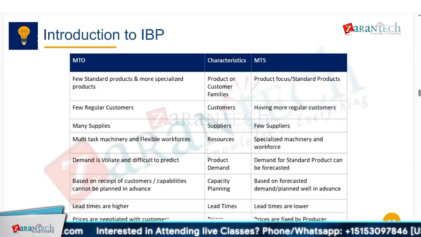If you receive the customer order and you do not have adequate supply of raw material in place, and you are dependent only on a single sole supplier, then you will end up in trouble. So because MTO is highly priced, highly profitable and specialized, there has to be an alternate supplier strategy in place.